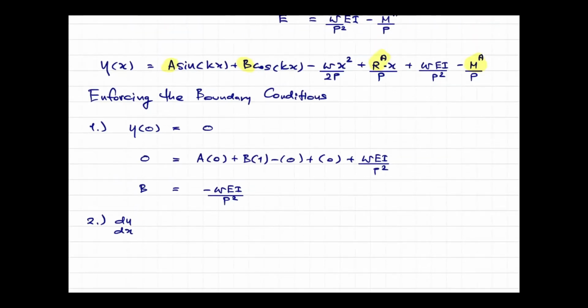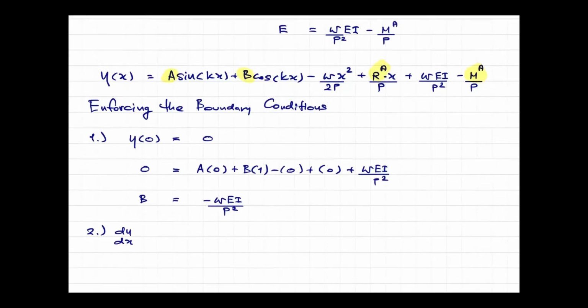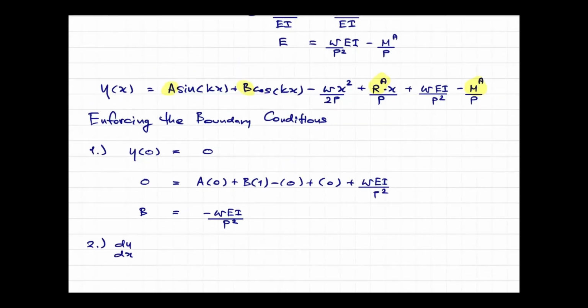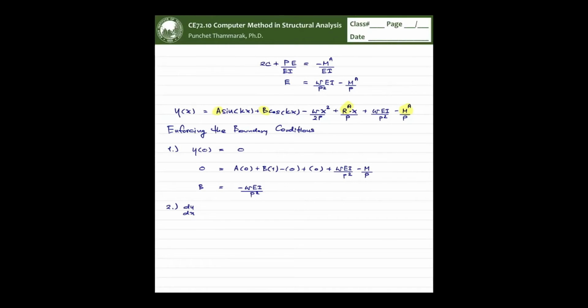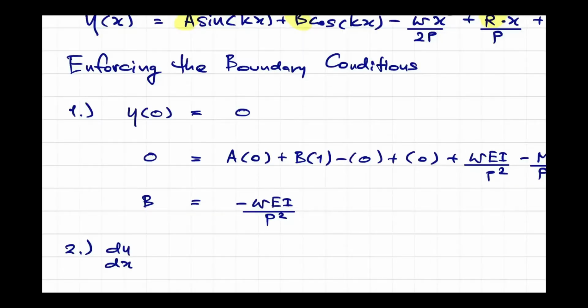M over P. You mean here? I missed one thing, right? Okay, thank you. M over P. Actually, this is MA. Okay, thank you. So we get the M over P.